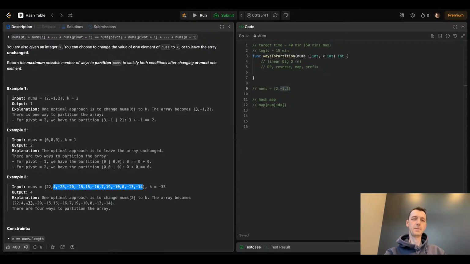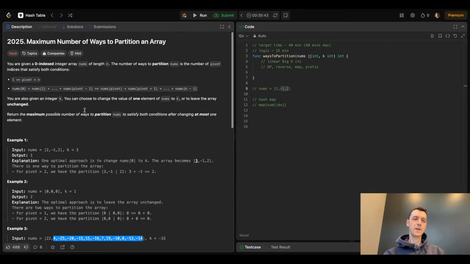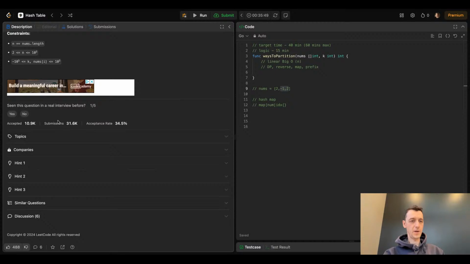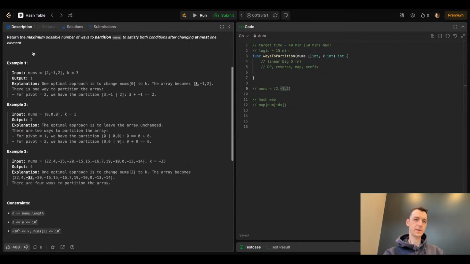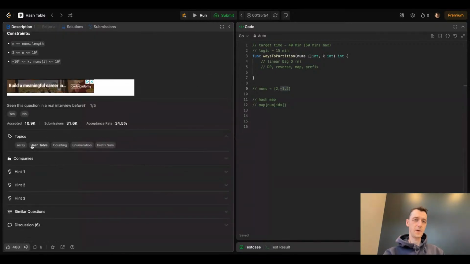35 minutes in. Let's look at that. So we actually have pins and we also have topics. Let's check the topics first. Array, hash table, counting, enumeration, prefix sum. Yeah, so it looks like we did find the prefix sum.